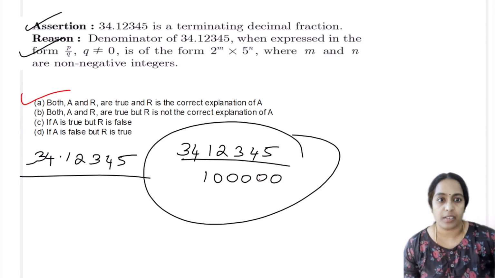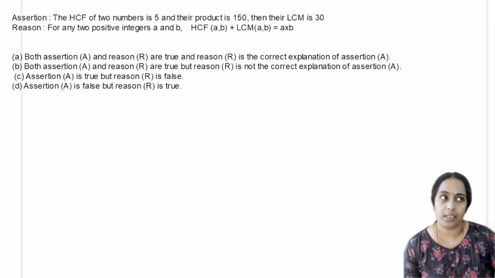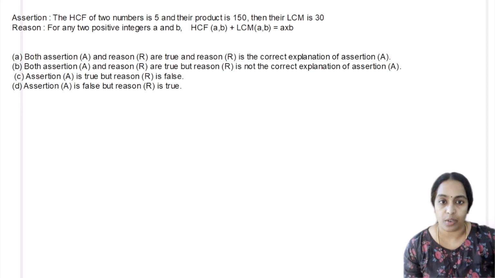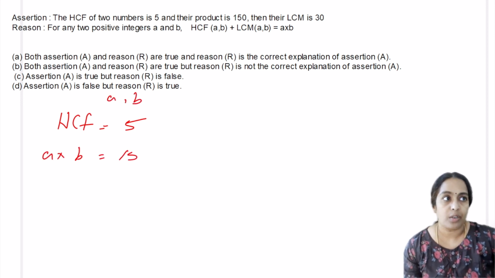The next question, moving on to the next question. Here the question says, assertion statement: HCF of two numbers is 5 and their product is 150, then their LCM is 30. So the two numbers have HCF 5. Let the numbers be A and B. Product of the two numbers is 150.